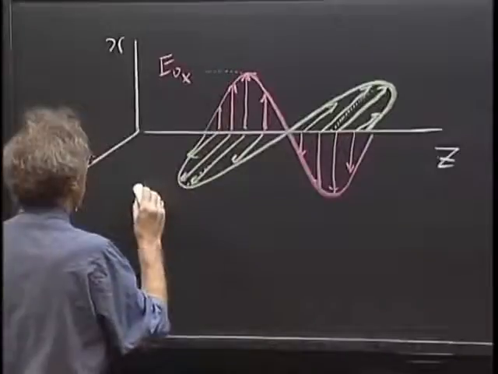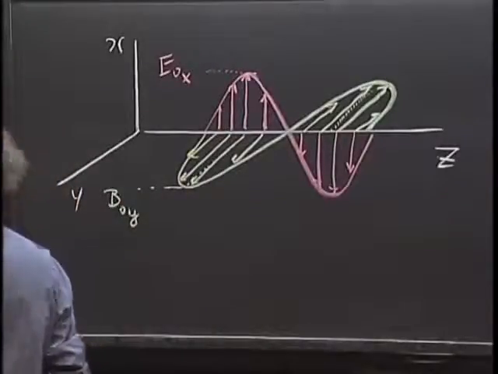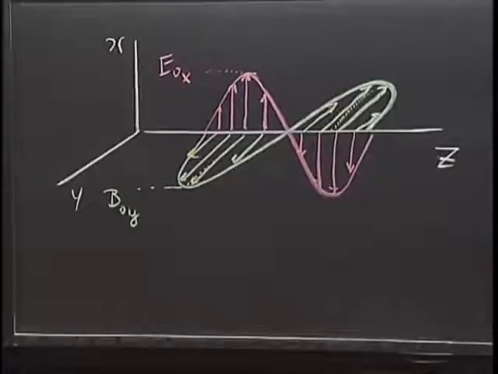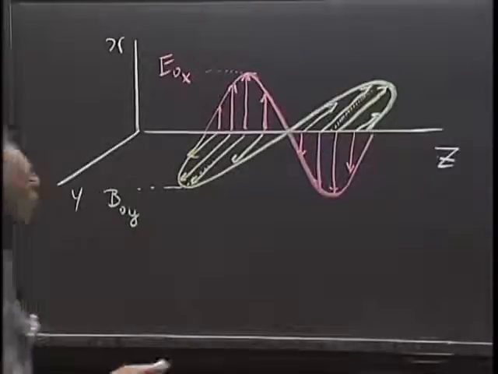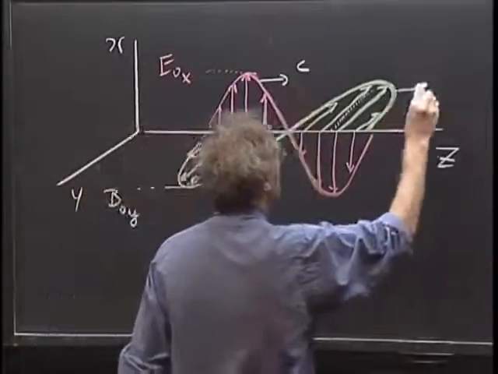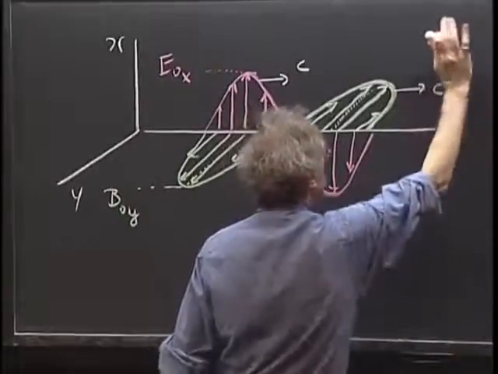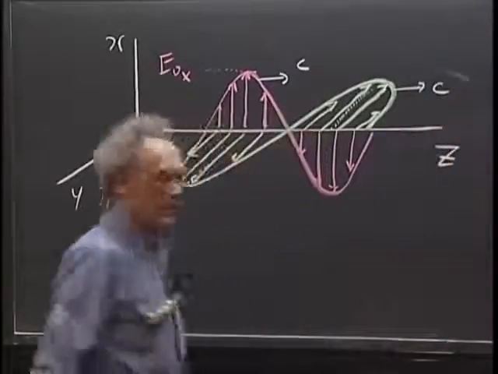And this value then is B0y. And this whole pattern moves with velocity c in this direction, and the two are married together. They are stuck together.